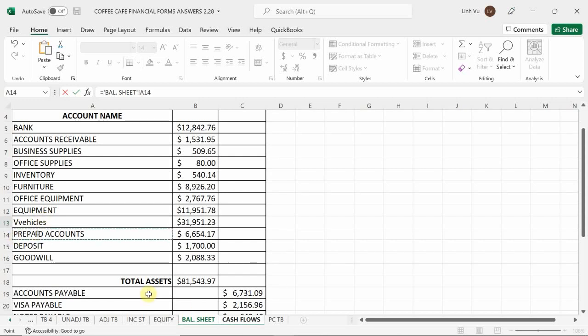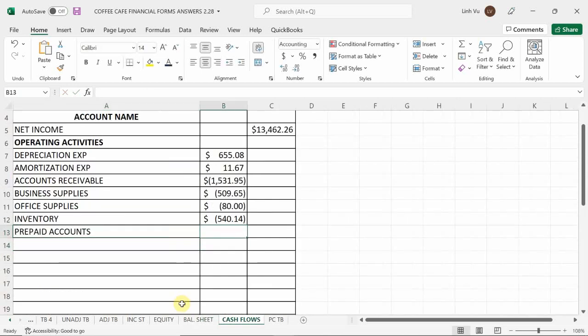Okay. I had some prepaid accounts. In this case, I already spent the money in the very beginning to purchase my insurance and to purchase my rent expense. I already bought it. I paid with a check to begin with. So in this case, I don't have the money anymore.